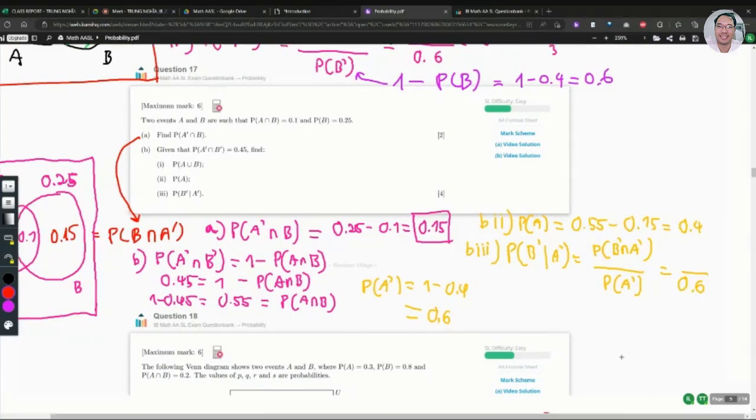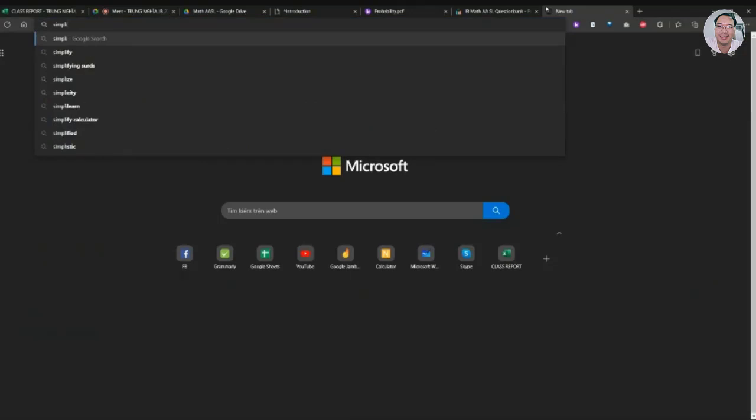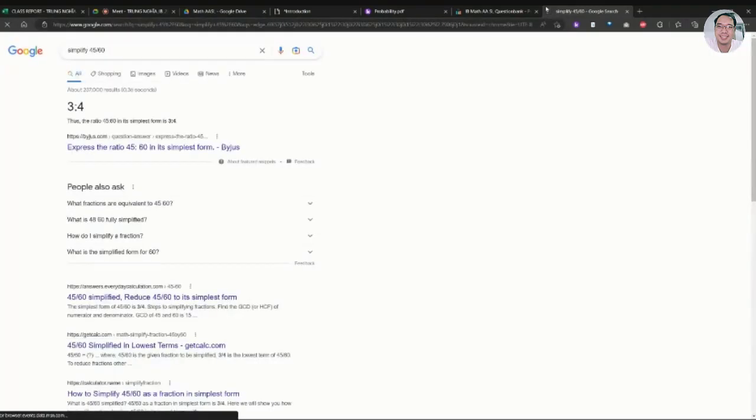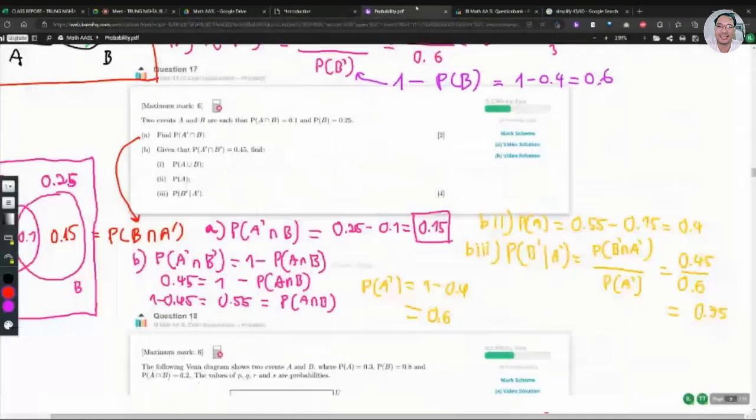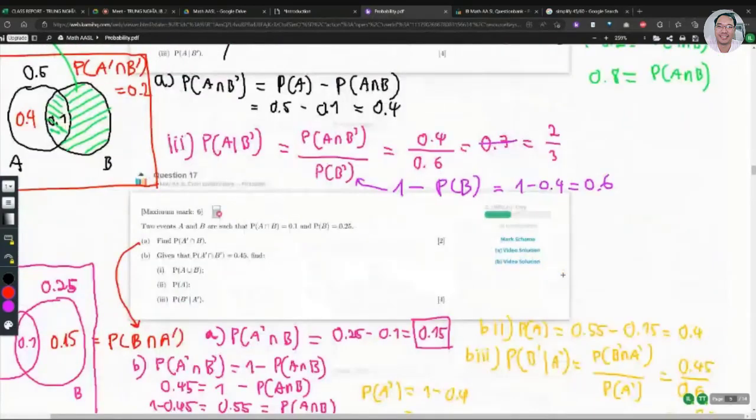So the answer is 0.45 over 0.6. You can simplify that fraction: 45 over 60, divide by 15, so that is 3 over 4, which is 0.75. That is question 17, pretty similar to 16.